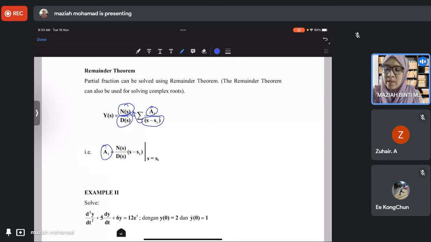Then we consider S equal to Si based on this function here. All right, so let's try an example.